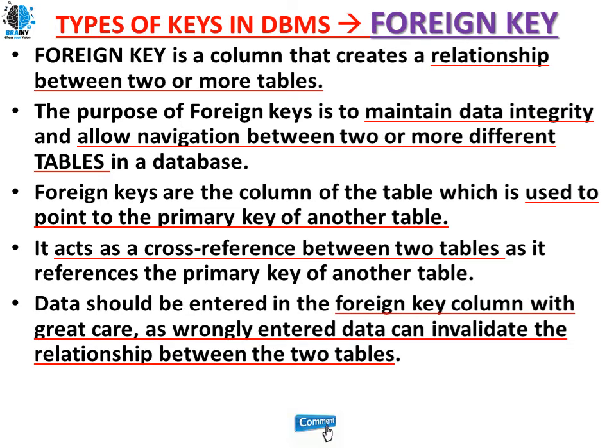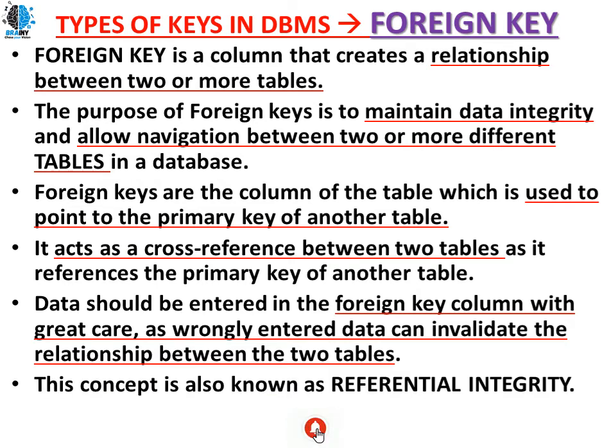Data should be entered in the foreign key column with great care. Why should it be with great care? Because if you enter any wrong data in your foreign key, it is going to impact the relationship between two or more tables. So whatever data you enter, you have to make sure it is very correct and authentic data.